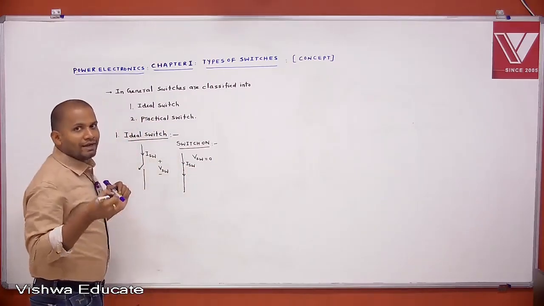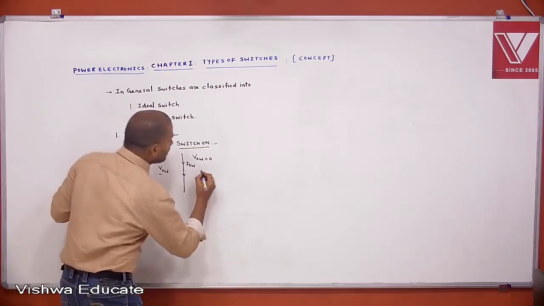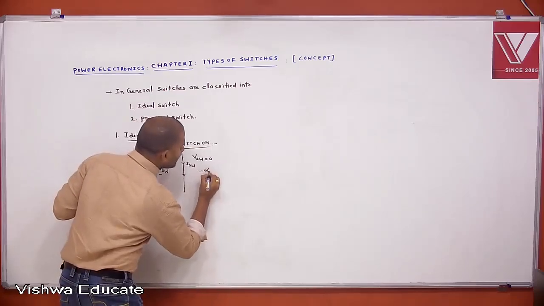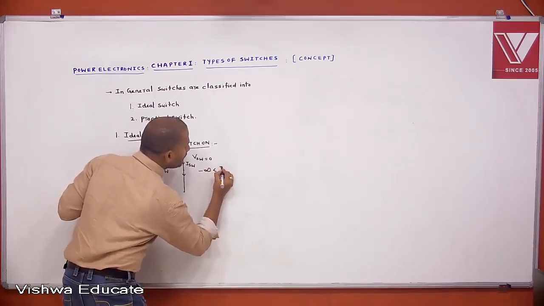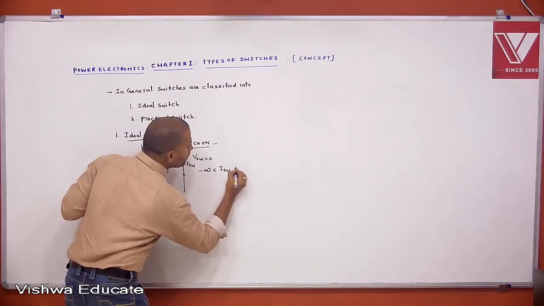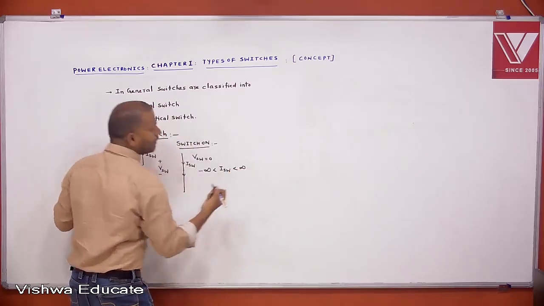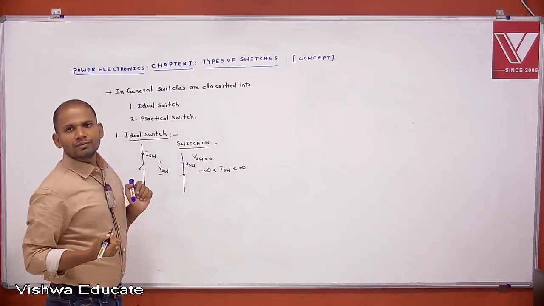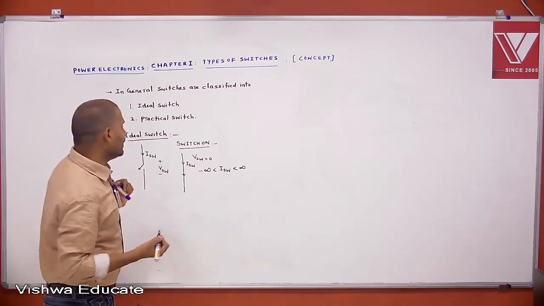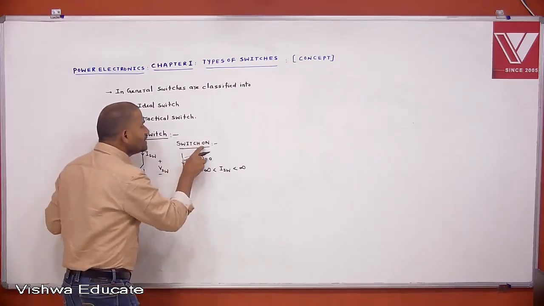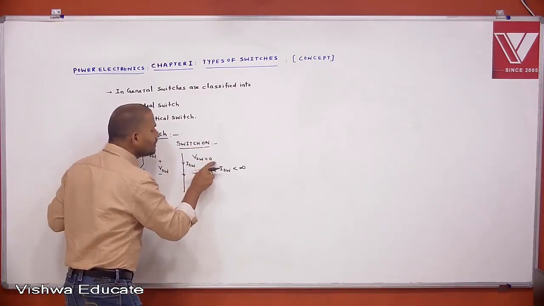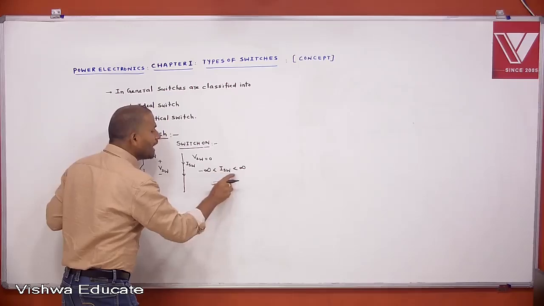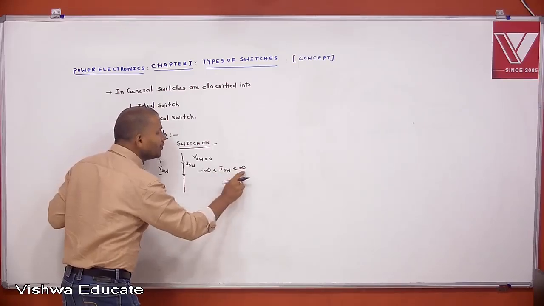But I am talking about an ideal switch now. That's why it carries any current from minus infinity to plus infinity. If the switch is in on condition, voltage across the switch is 0, but it carries any current from minus infinity to plus infinity.